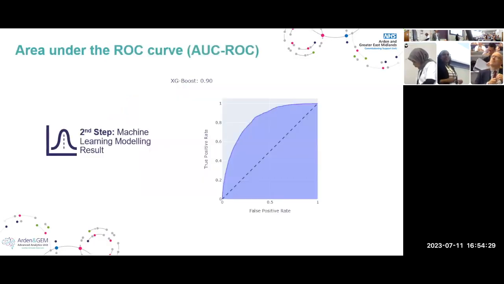And our next step, once we've got the data set and run the machine learning algorithm, is we need to test it. Our test using area under the curve showed us that logistic regression was the best model that we had. And area under the curve, to quickly explain it, looks at true positives.